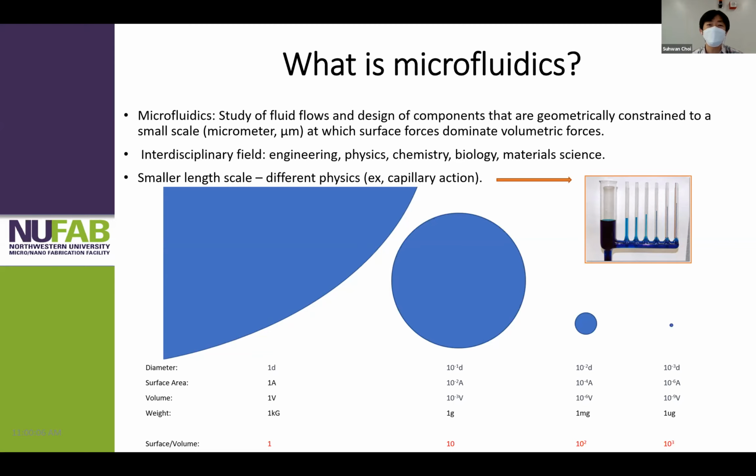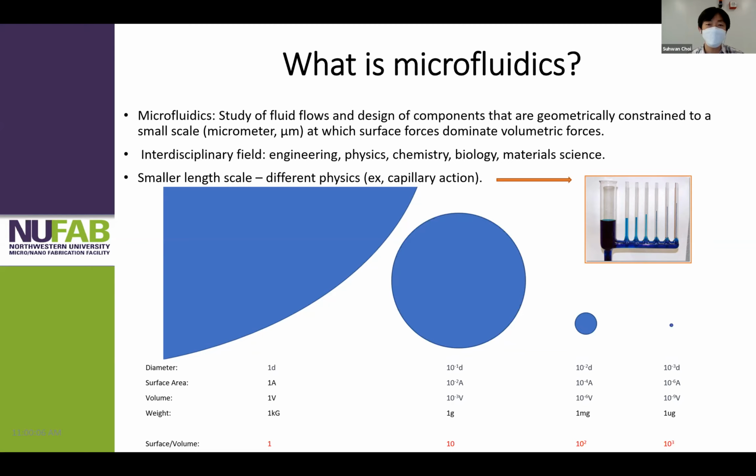Microfluidics is an interdisciplinary field spanning engineering, physics, chemistry, biology, material science, environmental engineering, and food science. There are lots of different areas where people utilize microfluidics. At a small length scale, the physics is different compared to the macro scale.